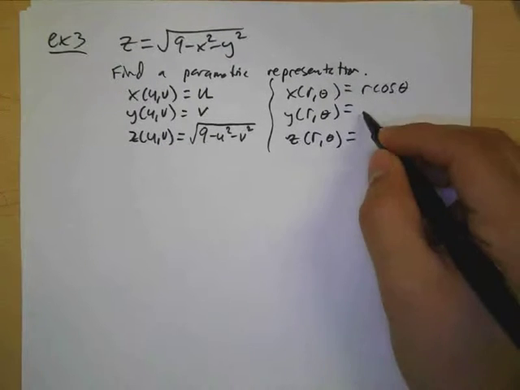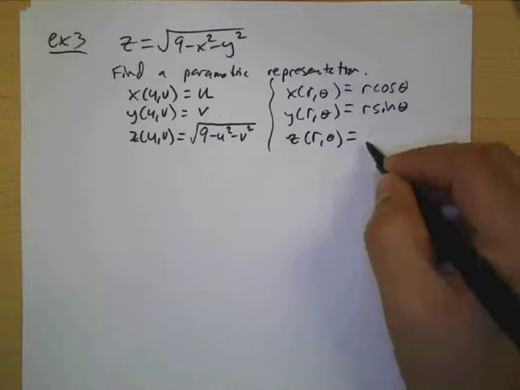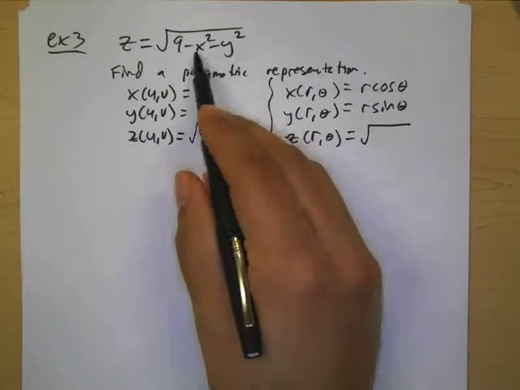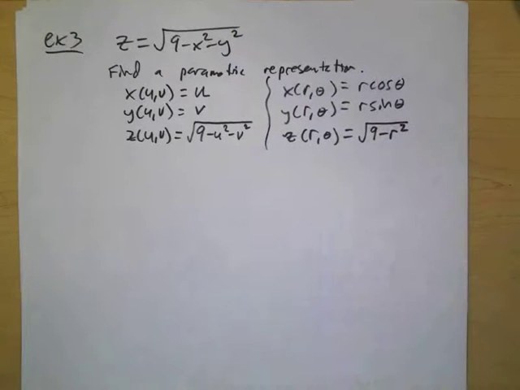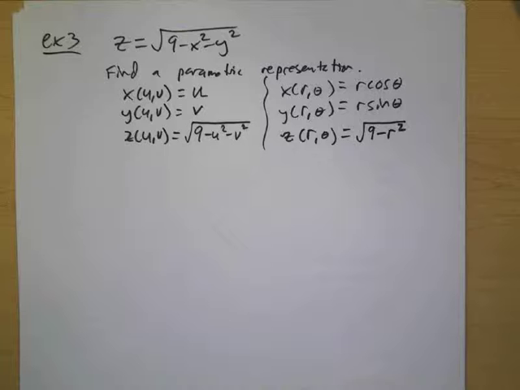And y is? And then z would have to be the square root of 9 minus x squared minus y squared. So this would be another representation parametrically with a different set of two variables producing the same surface. Okay, so there's different ways to represent it.